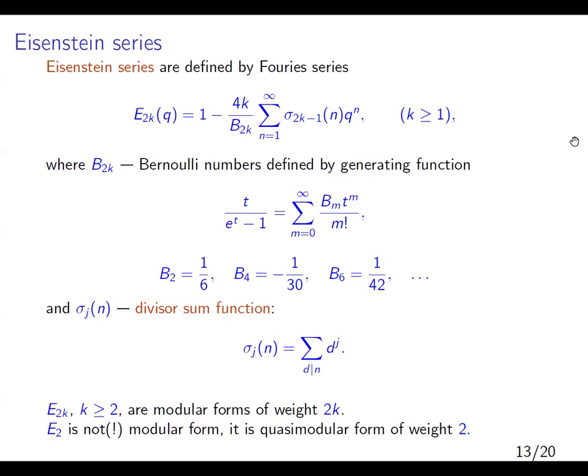The property is that all these modular functions are modular of weight 2k, but this E2 is not exactly modular, though there is some correction for modularity.